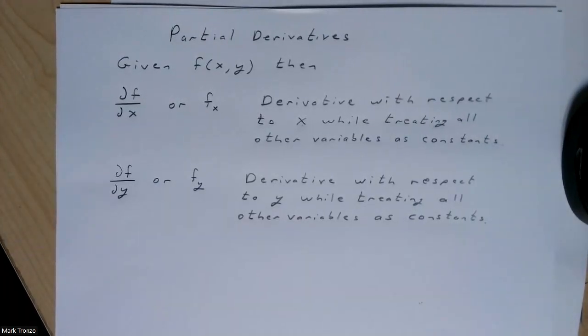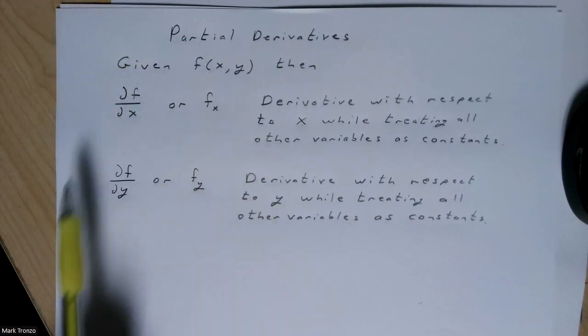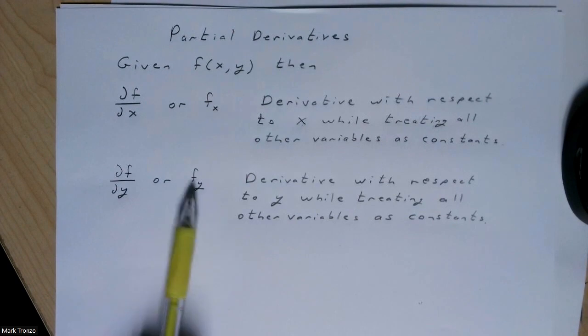So those are the two derivatives. If we have just two independent variables, x and y, we have these. So we're actually going to do some examples next.